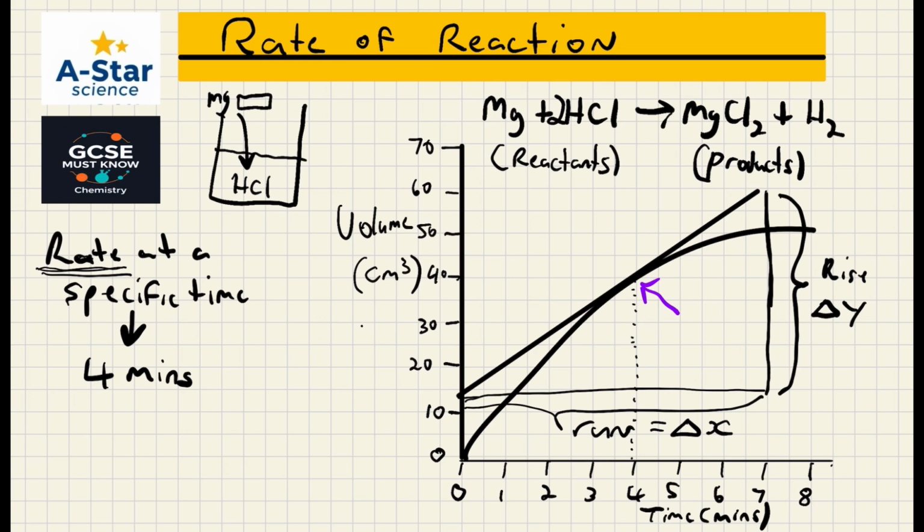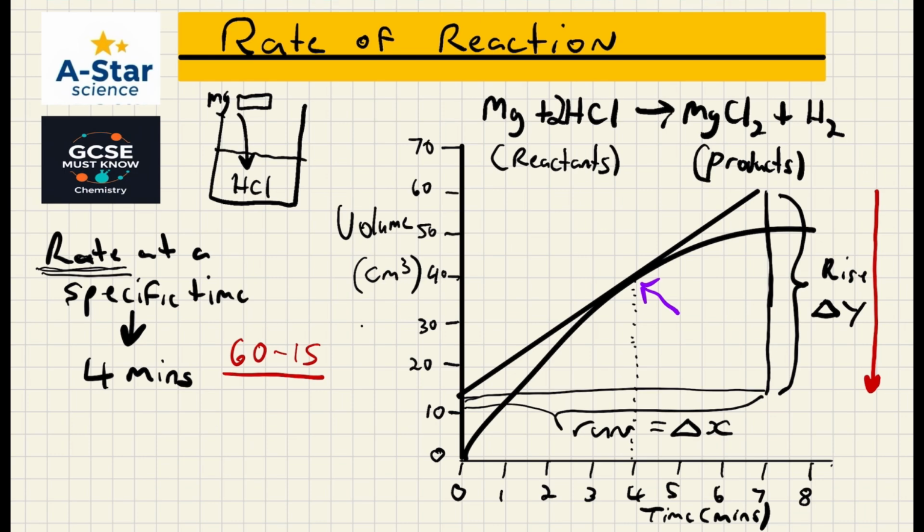So we can see that the rise goes from about 60 down to about 15. Okay, so that would be 60 minus 15. And the run, it's from 7 minutes.